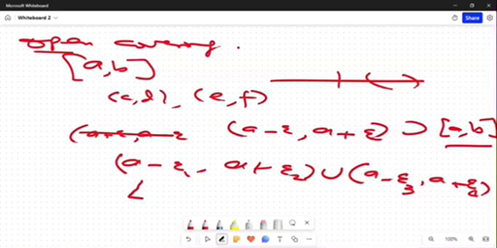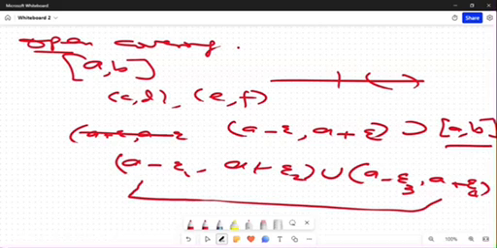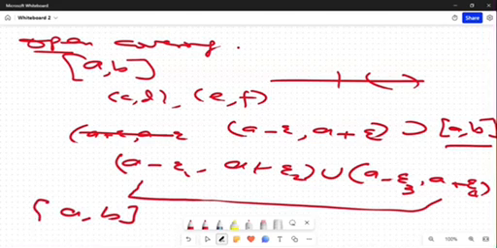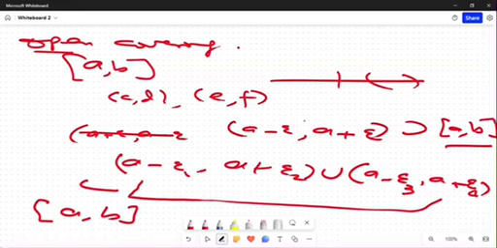If the union of these two gives you A comma B, you now say that these two open sets cover this one. In other words, this one is contained in the union, and it is finite because you made the union of two sets to obtain this. That's what we mean by open covering.